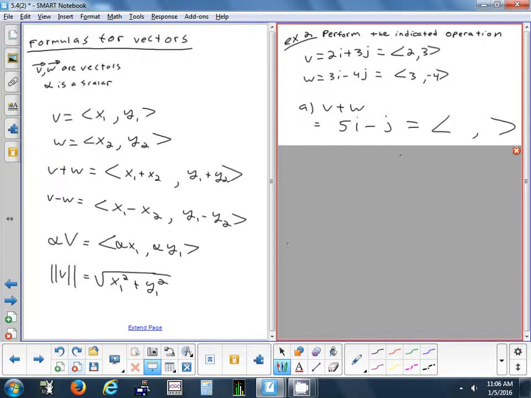Or if I were to write it with the angle brackets, Nathan, can you tell me what it would be this way? It would be 5 and negative 1. Either answer is correct. It just depends on what they ask for.